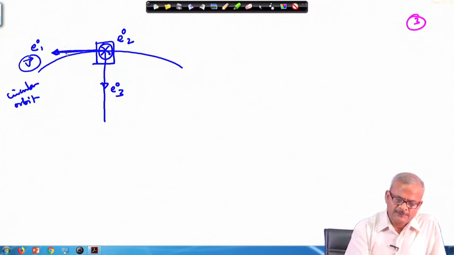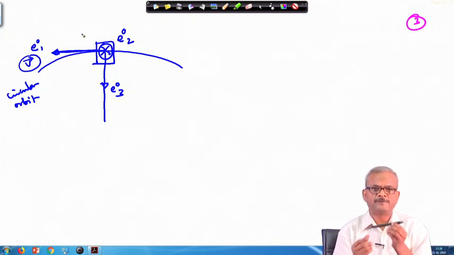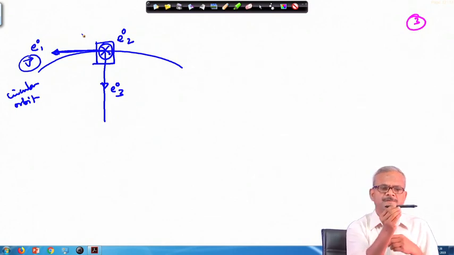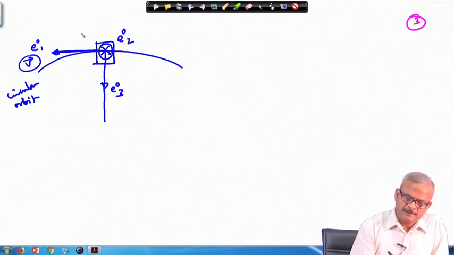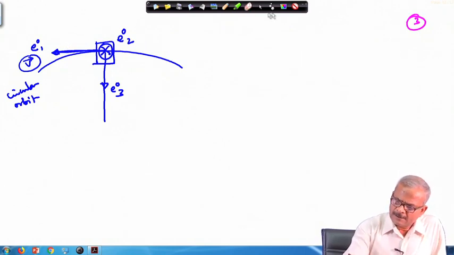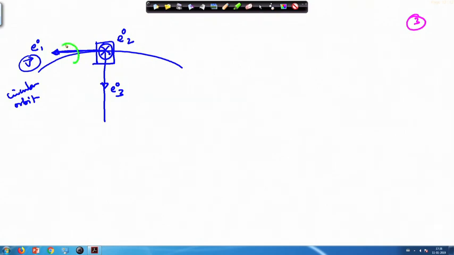So, using the right hand rule, if your velocity vector is along this direction, I can show it like this. See, it is passing over this blue line. So, this is the anti-clockwise motion and this is the roll motion.